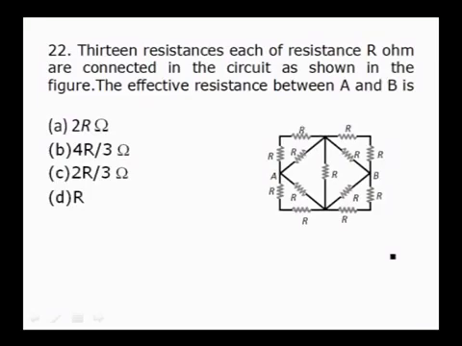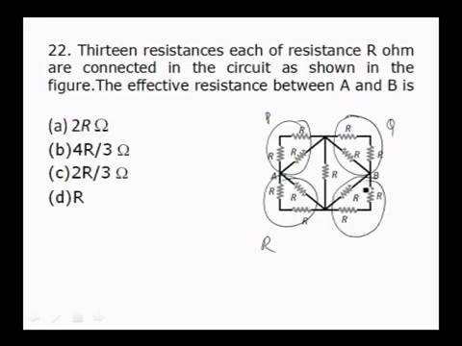Here, this looks like a Wheatstone bridge. I will take this whole thing as P, this whole thing as Q, this whole thing as R, and this whole thing as S. You observe the same connection here and the same connection here.